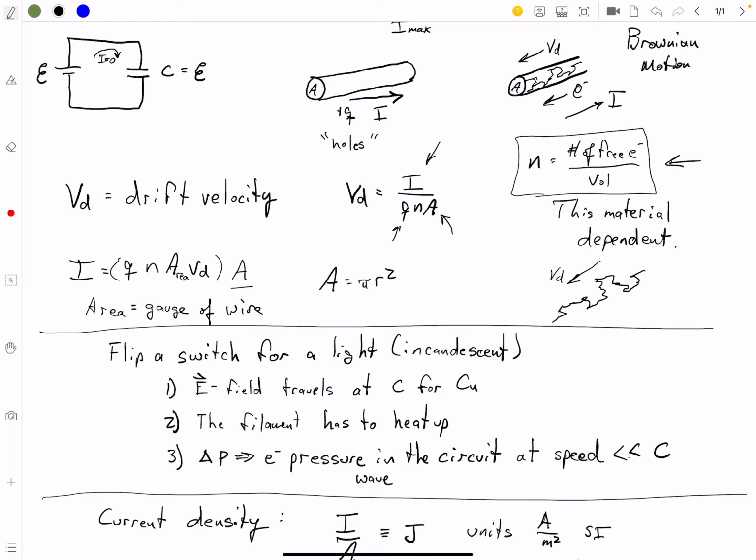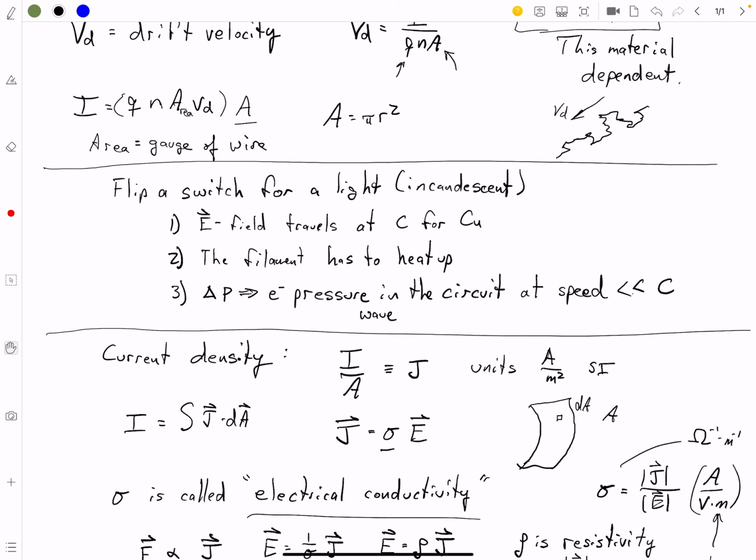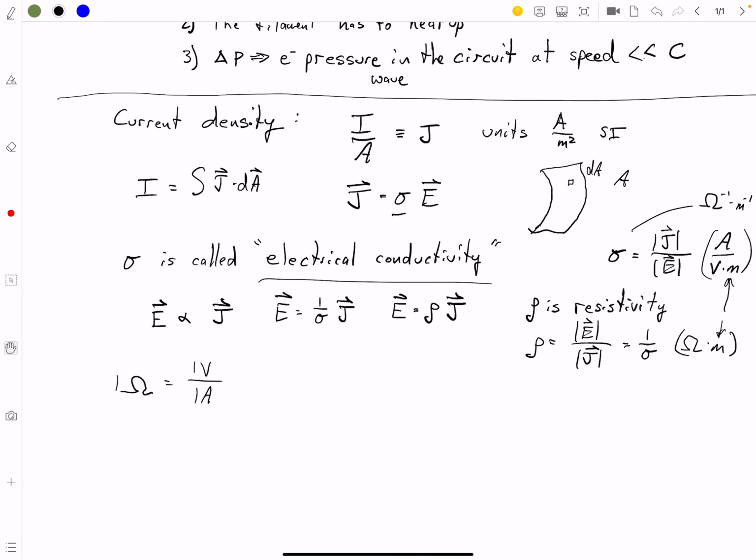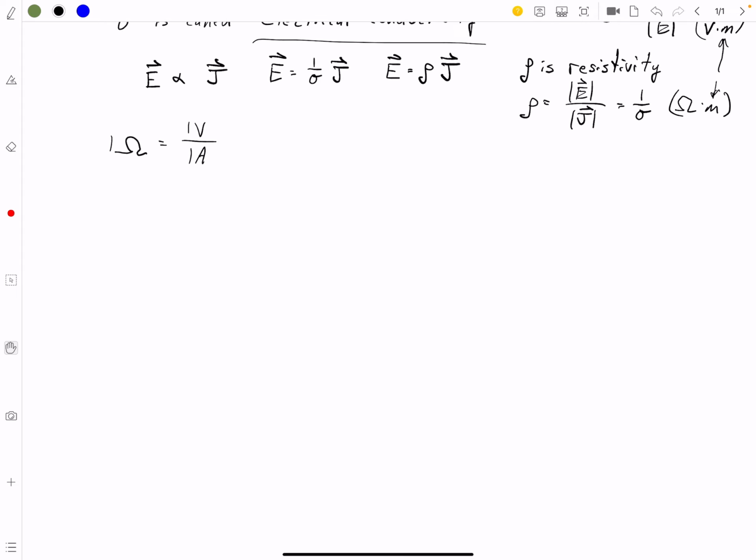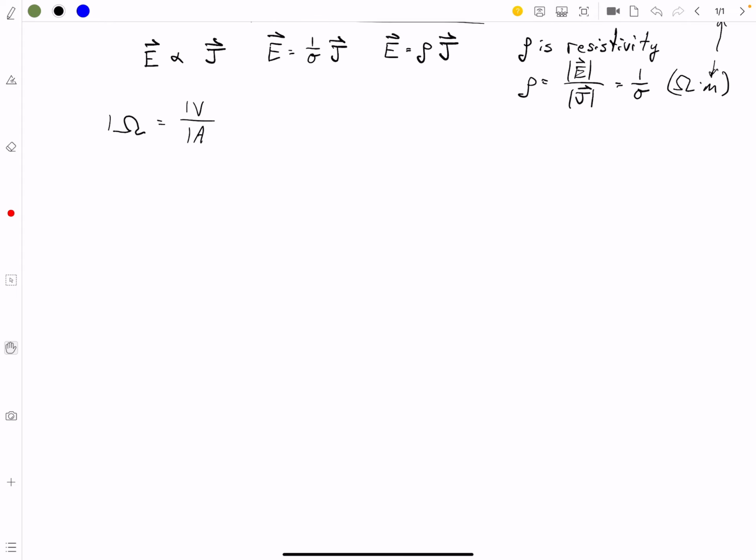That's also materially dependent, and all of that tells us that our resistivity, rho, is materially dependent.